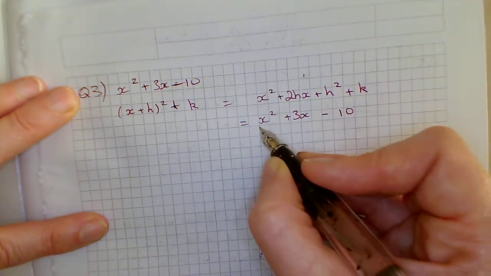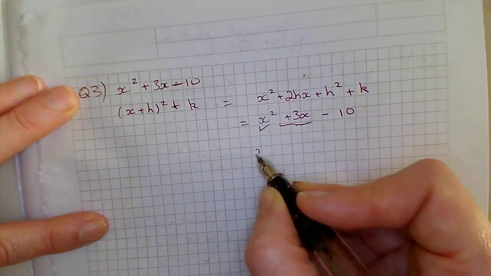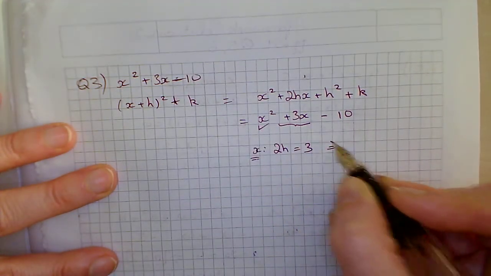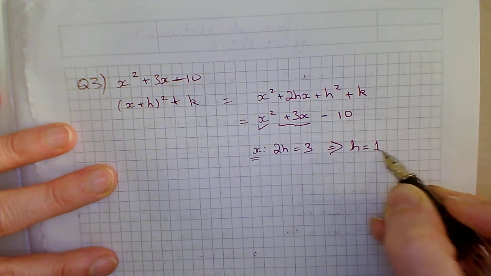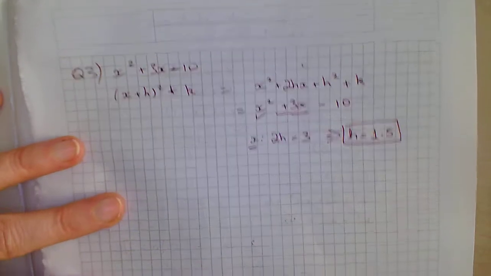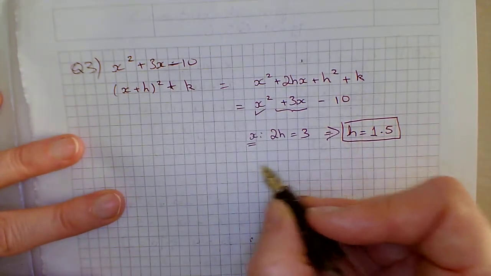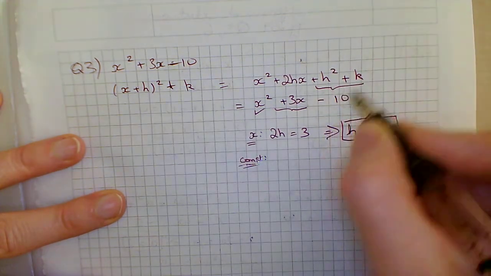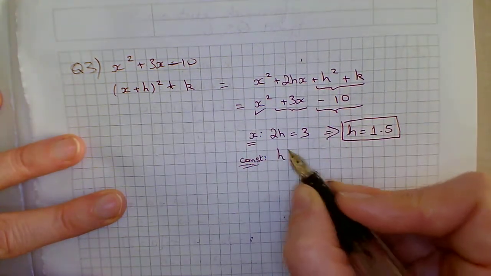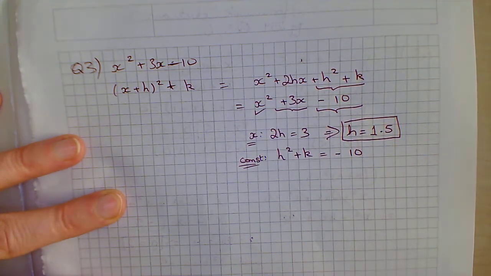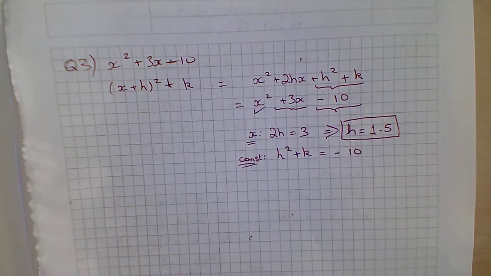And then the x squareds are fine. My x terms give me that 2h is equal to 3, which means h is 3 over 2 or 1.5. It makes a nice neat decimal, so I will write it as a decimal. Then the constant terms, might need to use my calculator here, tell me that h squared plus k is equal to minus 10, but h squared is 1.5 squared, so that is 9 over 4 or 2.25.